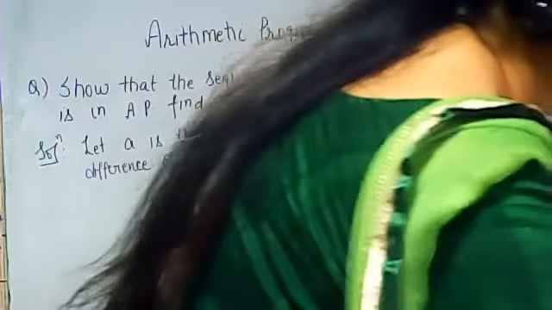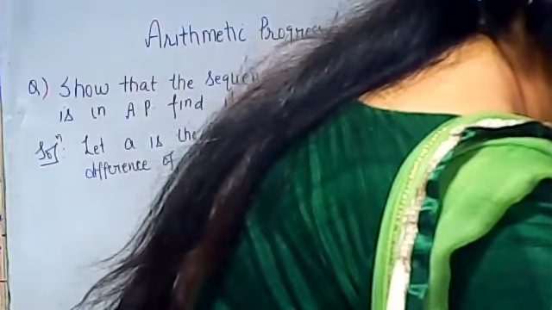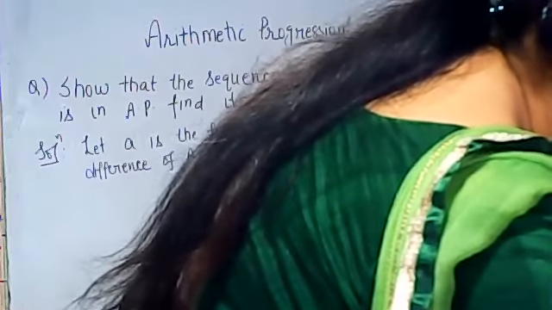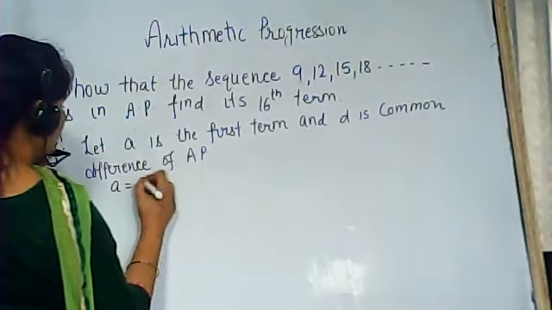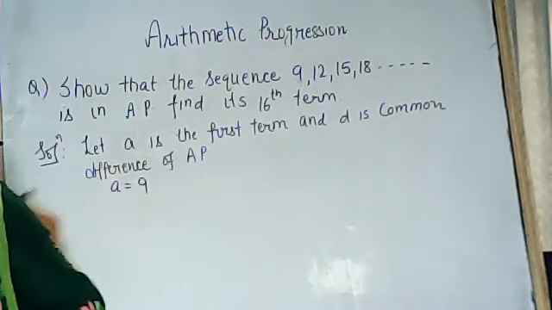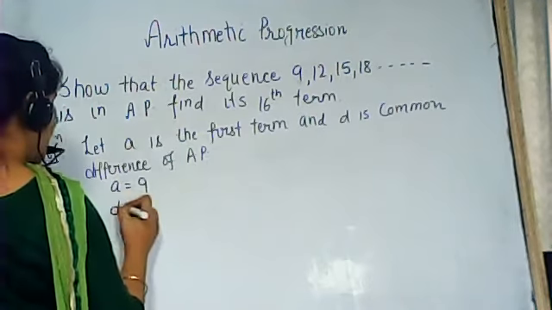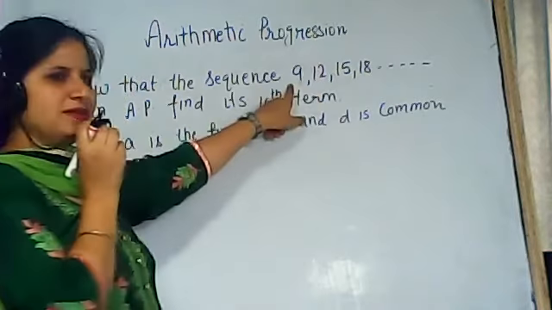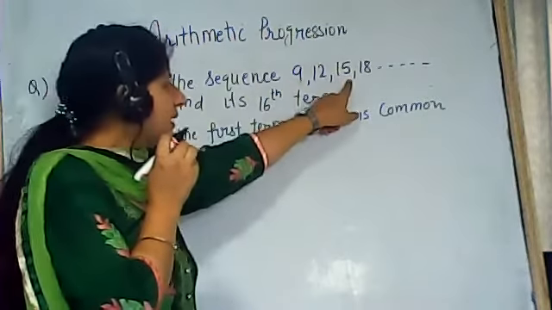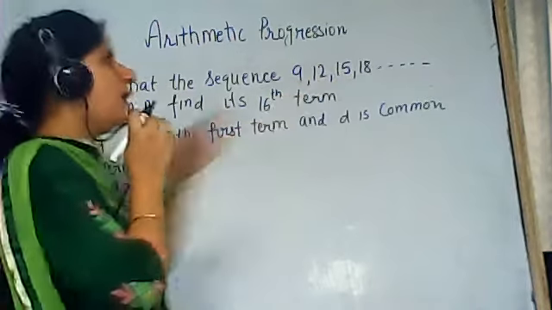First of all, we have to find the first term of this given sequence. So what is the first term? A equals 9, and now we are going to calculate the difference. How can we calculate the difference? Second term minus first term, then third term minus second term, and so on.